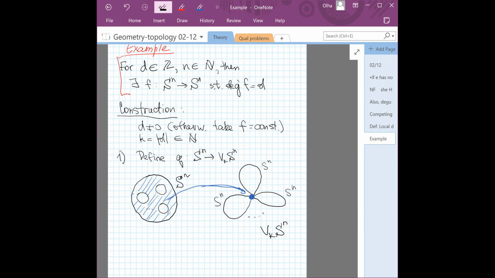That's the map. And then the second map is, well, we're basically going to go back from the wedge sum to Sn.